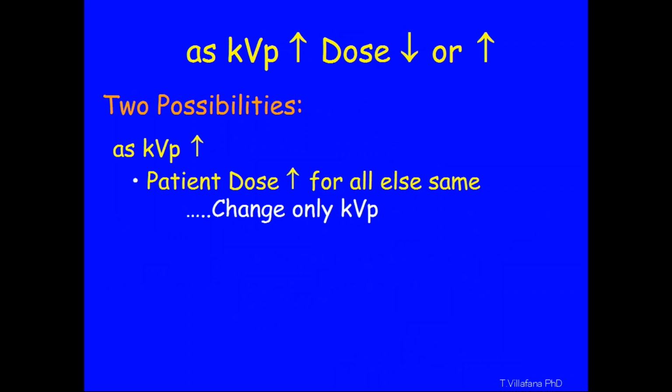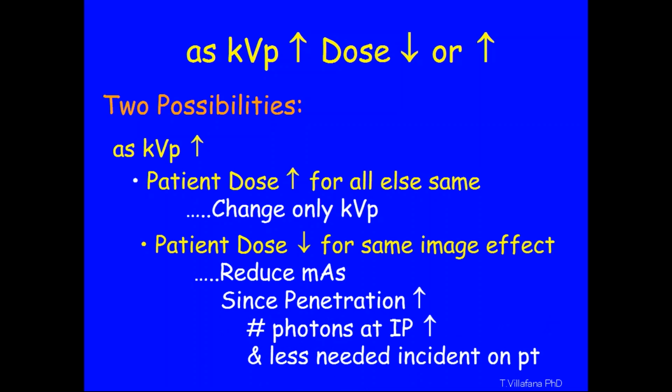Okay, but now let's go back to that second statement on dose. Remember, I mentioned there were 2 possibilities. First of all, when your kVp goes up, the dose goes up. That one is straightforward. A kVp up means you get more radiation. More radiation, patient dose goes up. Okay, but now, how about this one?